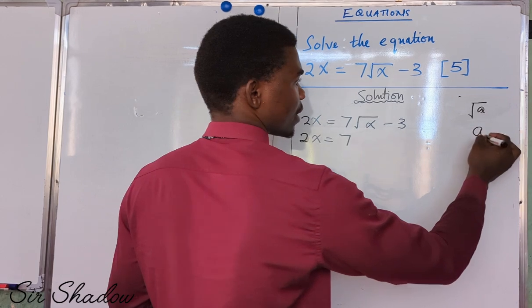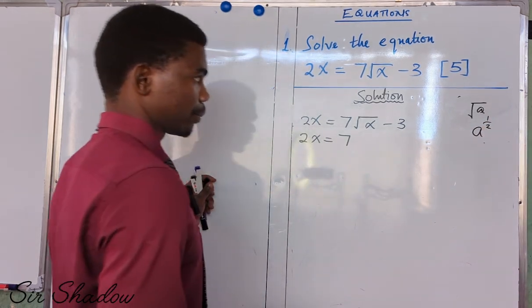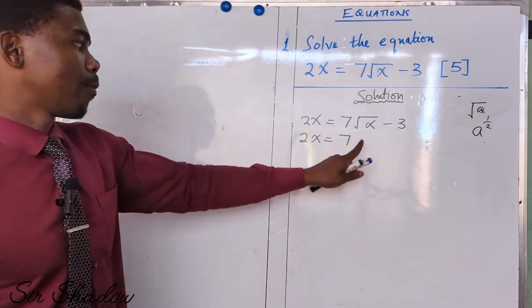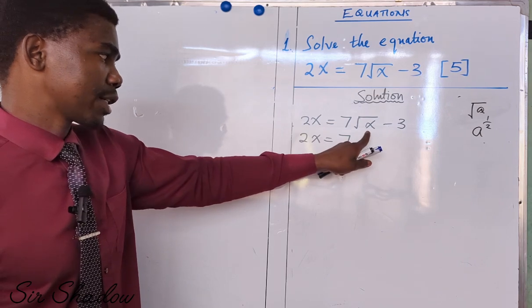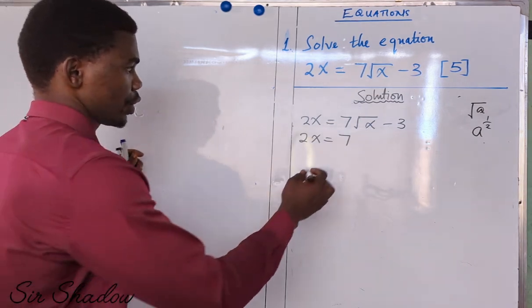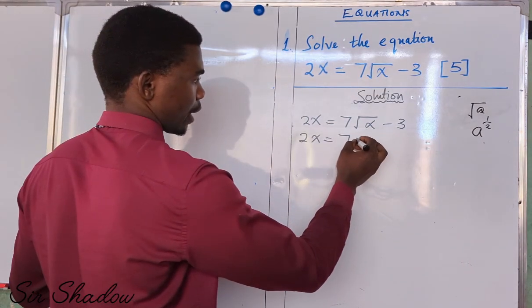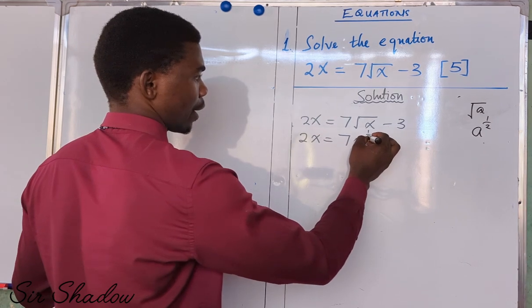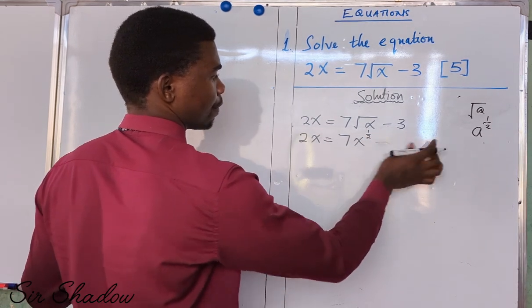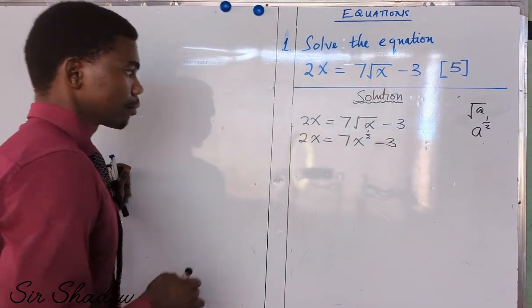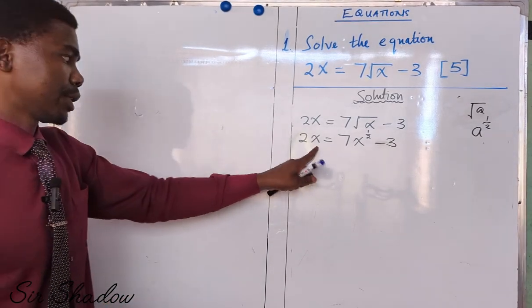So according to this question, for the square root of x, I have to apply this condition: x to the power a half. The same applies to this.